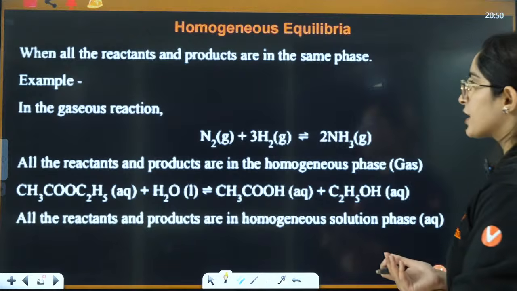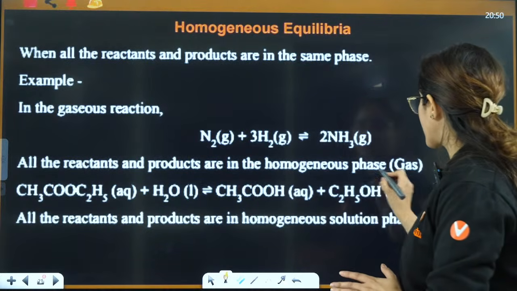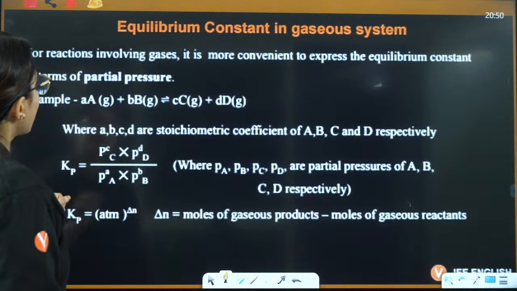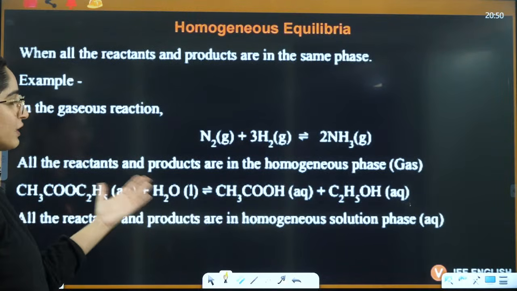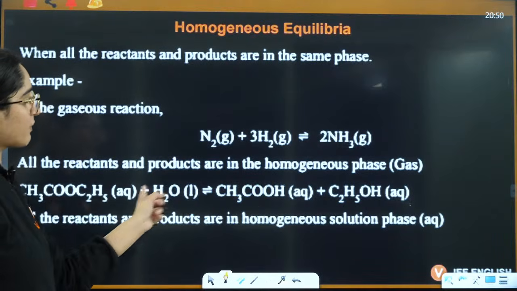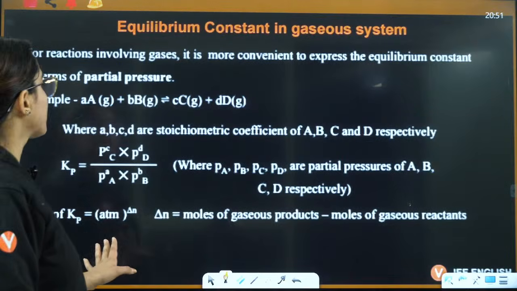Now homogeneous equilibrium means when all the phases are same, all the reactant and product are in the same phase, that is homogeneous, right? If I say heterogeneous, heterogeneous means when all of them are in different phases. So here all of them are in gaseous phase, that means they are homogeneous.